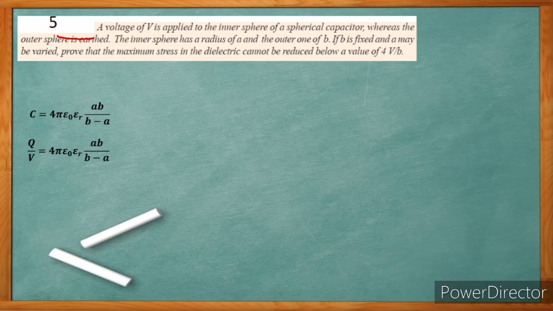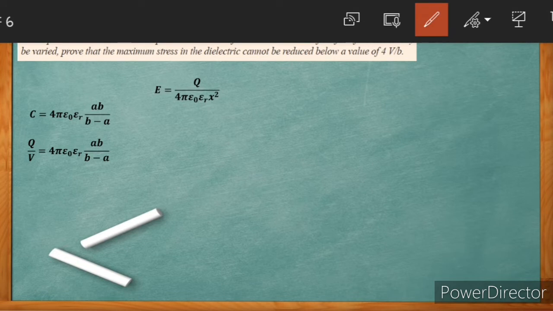And also we all know that the electric intensity E is equal to Q over 4 pi times the absolute permittivity times the relative permittivity times x squared. So this Q here will be replaced with this one.